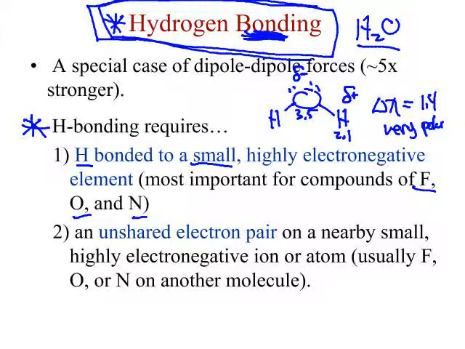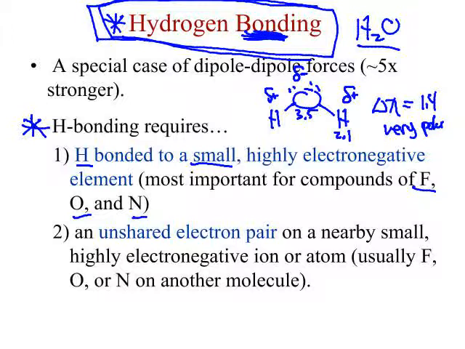Now, we talked before about dipole-dipole attraction. Really, hydrogen bonding is a special case of dipole-dipole attraction. When we have something which is very polar, as in the case of water, we know that the attractive force between those polar molecules is going to increase.